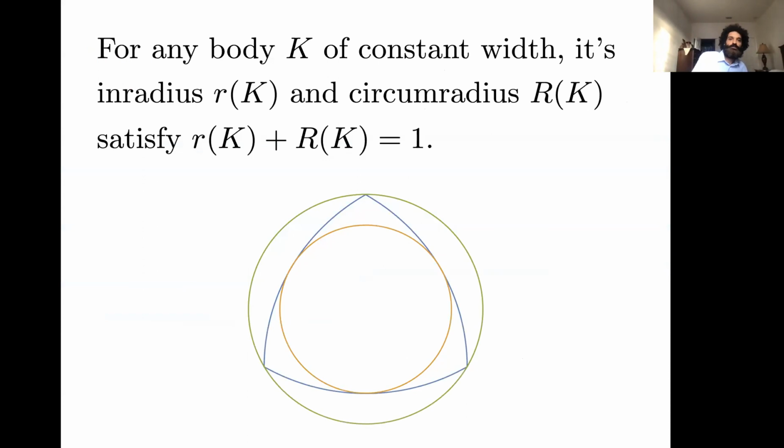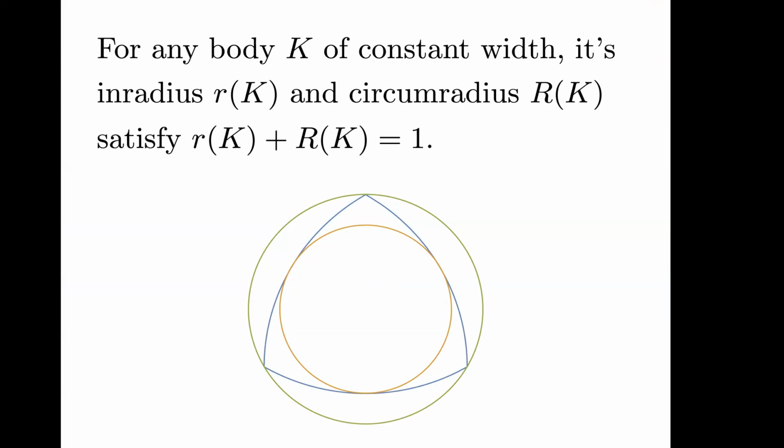Okay, another question involves the inradius and circumradius. So it turns out for constant width shapes, the inradius, the radius of the largest ball contained in the shape, and the circumradius, the smallest radius of balls that contain the shape, sum to 1. And in fact, the in-ball and the circumball are concentric. So I'm showing it to you here in 2 dimensions, but these are general facts known for all dimensions.